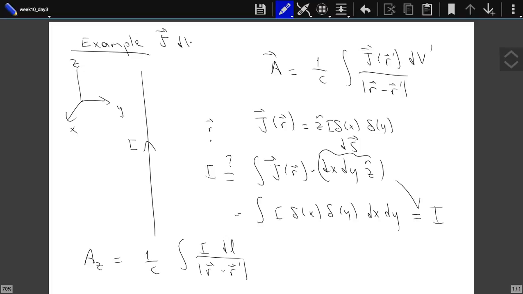Remember, J dV is I dl for a line current, and you can always make this identification. The volume integral contains 3 integrals. If you have a line current, you have 2 Dirac delta functions, basically restricting it to a line, and hence you can carry out 2 of the integrals using the Dirac delta. What remains is I times an integral along the line.